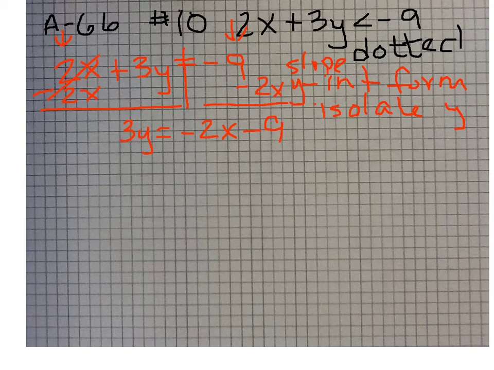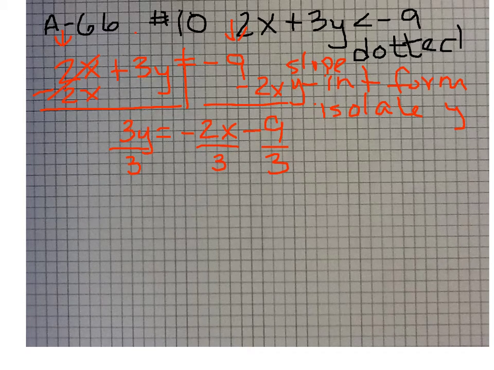Okay, the only thing keeping me from having an isolated y now is that 3, and I can see that I'm multiplying by that 3, so in order to undo it, I'm going to divide everybody by 3.